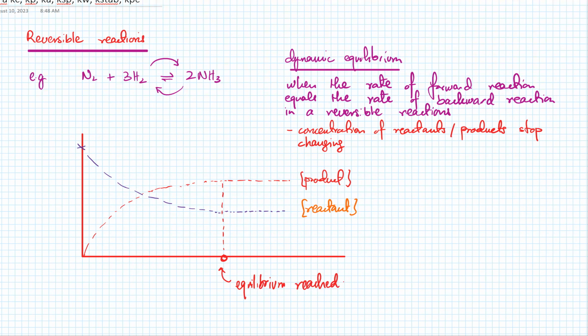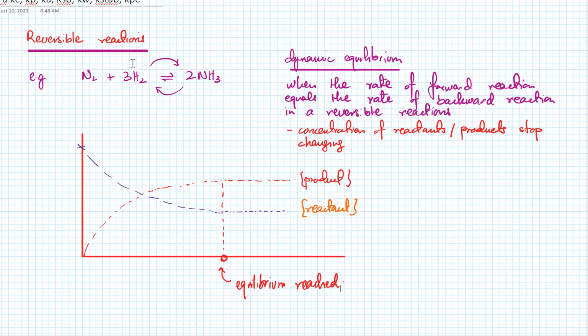Okay, so your graph is going to look like the concentrations are never going to be equal. Every reactant and product would have a different concentration. They can be equal, but they can be different as well. Except that once a dynamic equilibrium is reached, the reactant concentration and product concentration stay constant, whatever they are. Sometimes the dynamic equilibrium favors the product, so you will have a lot of products and very few reactants.